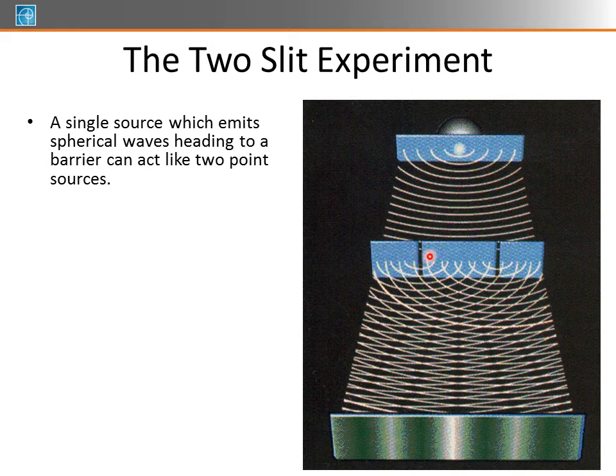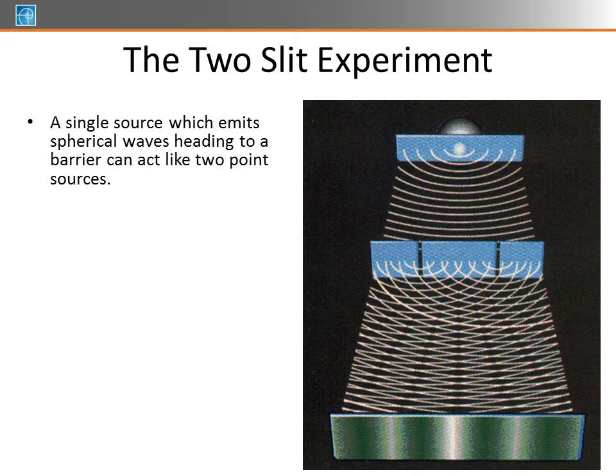Well, then we put three more pieces of cardboard in there with two slits, forming two slits. So when the light hits one slit, it looks like there's a source of light here. When light hits this part of the slit, it looks like there's another source right there. And both of them emanate from those two points, and they start to go out in a spherical pattern.